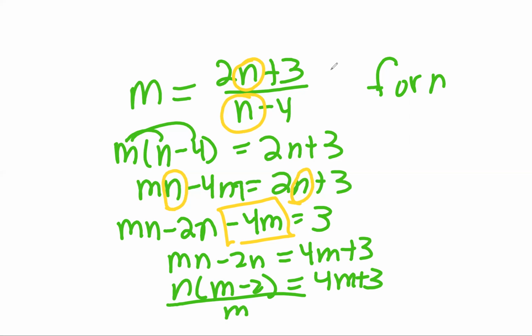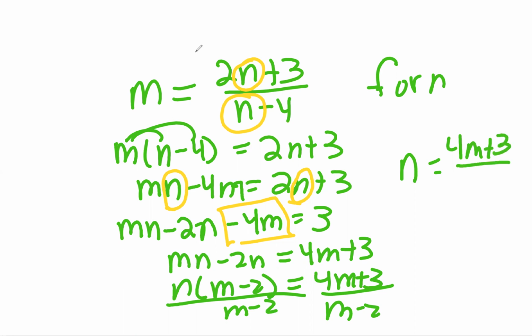And divide by what comes with the n. So you would have n equals 4m plus 3 over m minus 2. Sorry, that did not come out nicely.